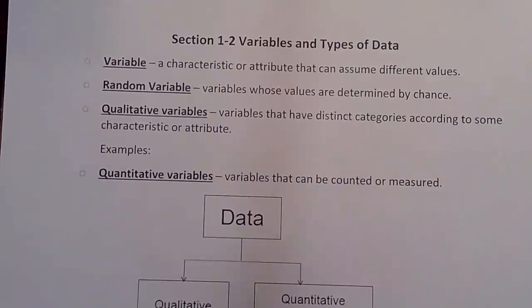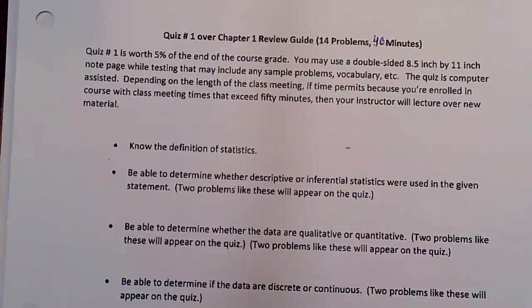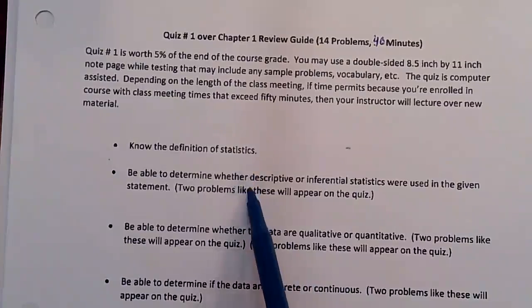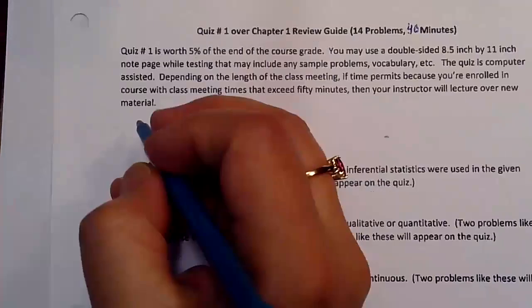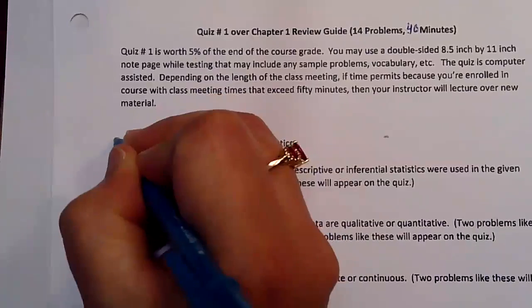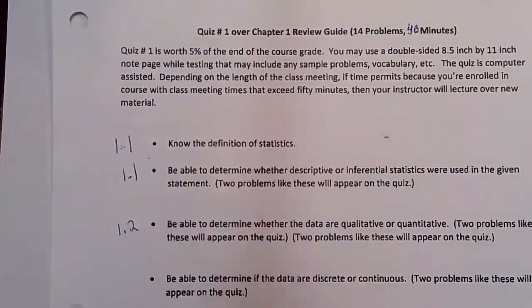Where did I put your quiz guide? Let's see. So you can see these two were 1.1. This is 1.1. And now we're going into 1.2.